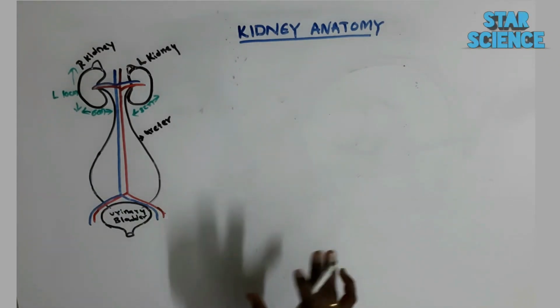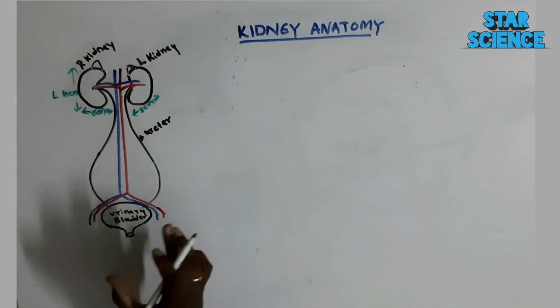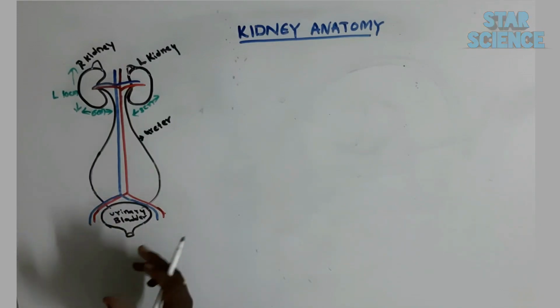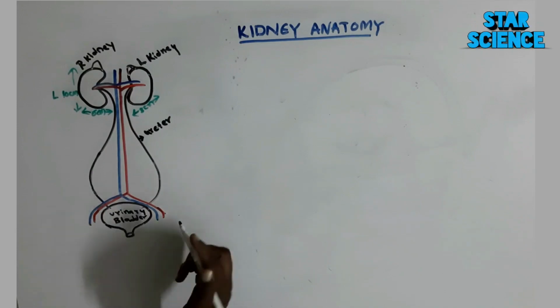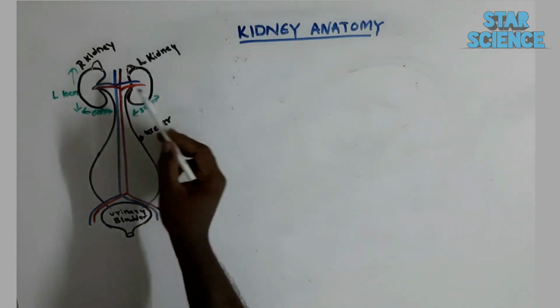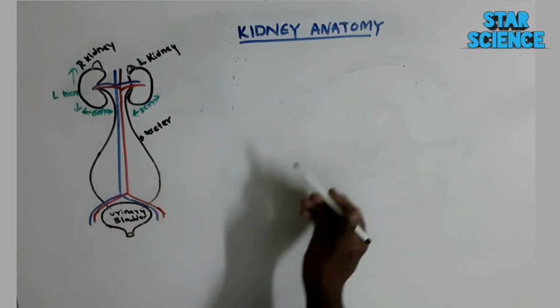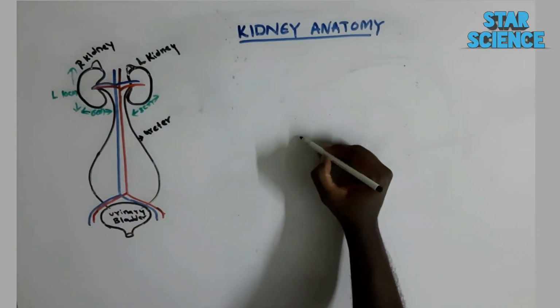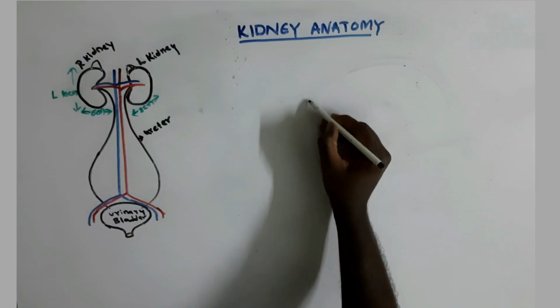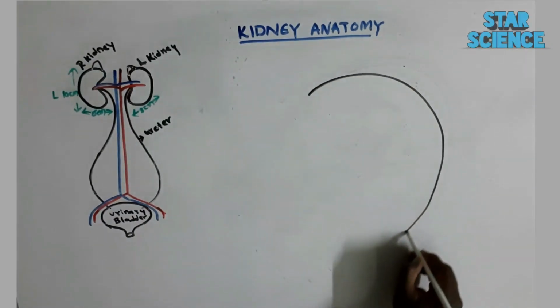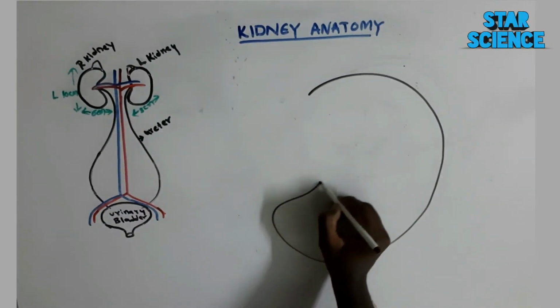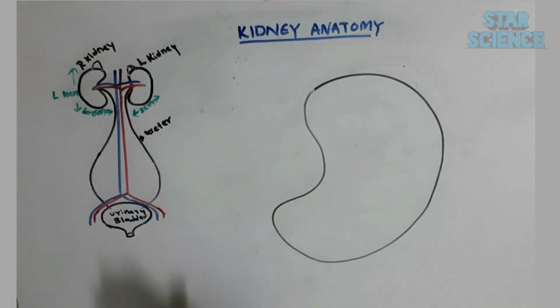And there are three layers of our kidney. The outermost layer is called the renal fascia, a dense fibrous connective tissue which anchors the kidney and adrenal gland. The middle one is called the adipose capsule. It is a fatty mass attached to the kidney and posterior body wall, and it cushions the kidney.